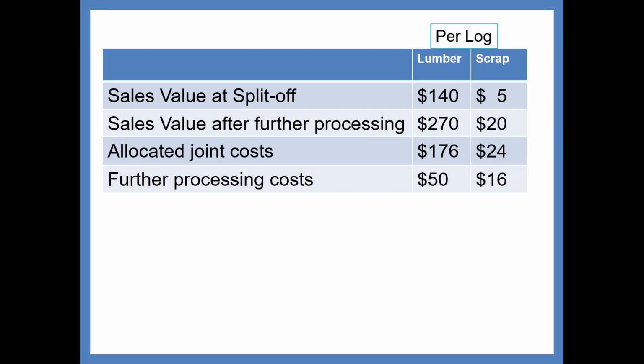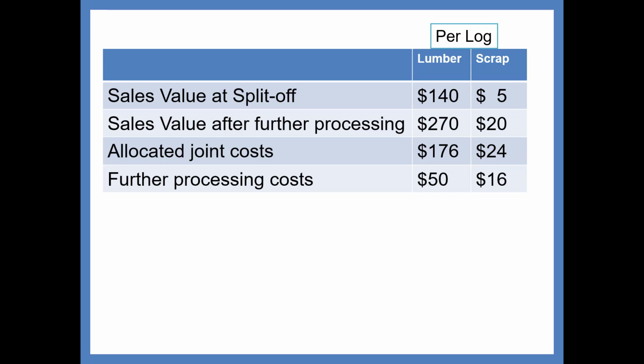So what we know is that at split off, we can sell the lumber for $140 and the scrap for $5. If we decide to process into treated lumber, it would sell for $270, and scrap, if processed into Presto logs, would sell for $20. The joint costs have been allocated based on weight. $176 is allocated to lumber and $24 is allocated to scrap.